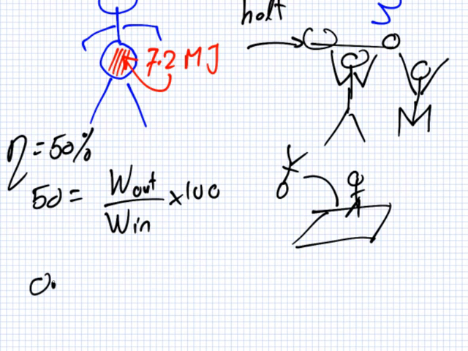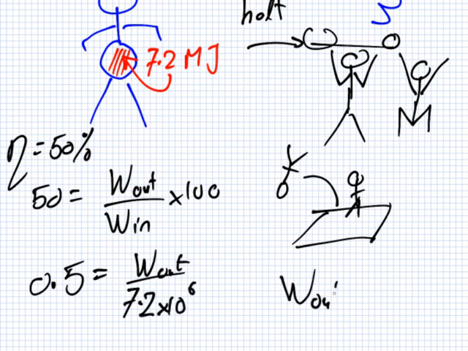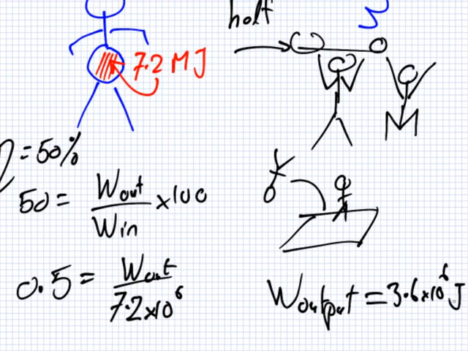So you get 0.5 equals W out over 7.2 times 10 to the 6. So his output is half of 7.2, basically. 3.6 times 10 to the 6 joules.